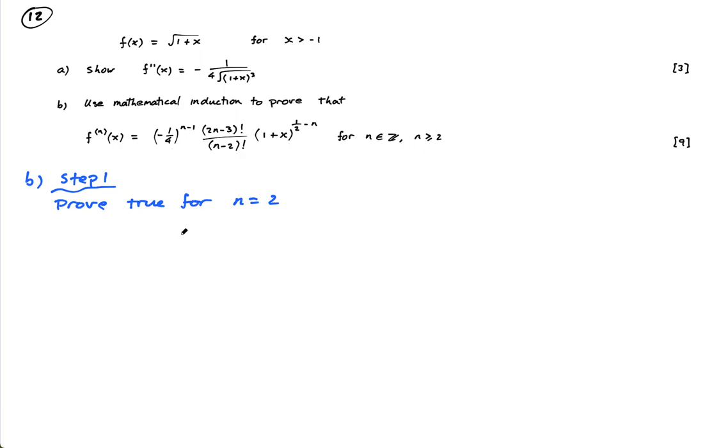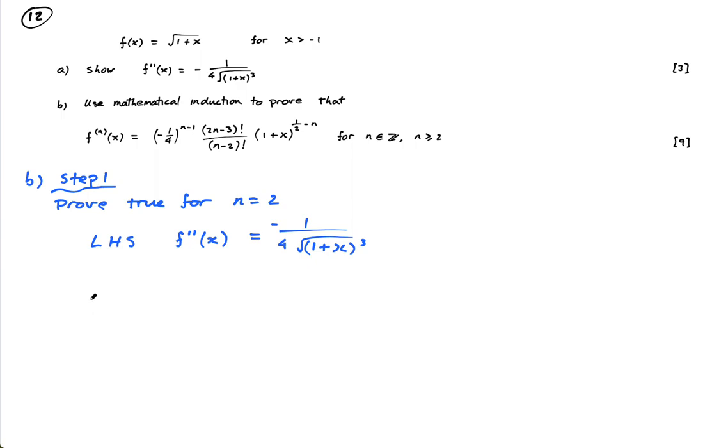So that means the second derivative of x should equal this. But we know the second derivative of x is equal to negative 1 over 4 root 1 plus x cubed. So this, if you like, is the left-hand side.